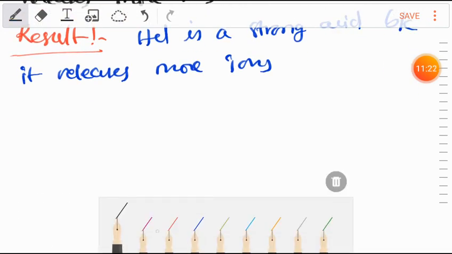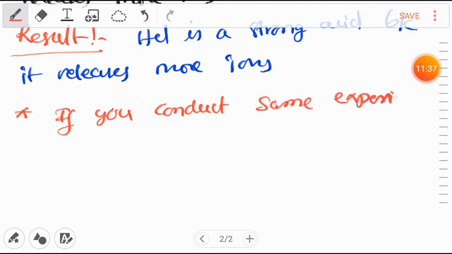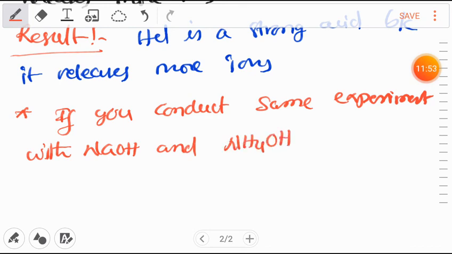I want to ask you one more question. If you conduct the same experiment with NaOH and NH4OH, what is your observation?